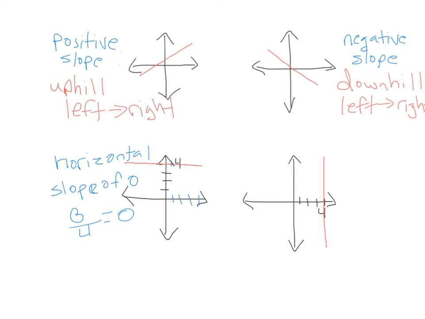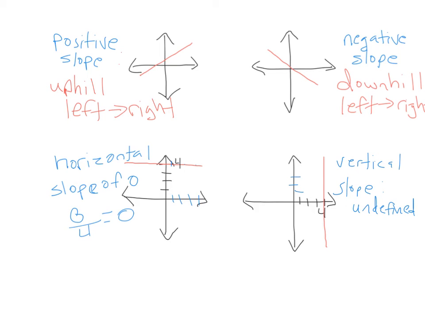The last type is this vertical line here. It's vertical because it goes up and down with no left to right movement to it. Vertical lines always have a slope of undefined. And mathematically, to see how it's undefined, you've got to think of it, okay, so we're rising.